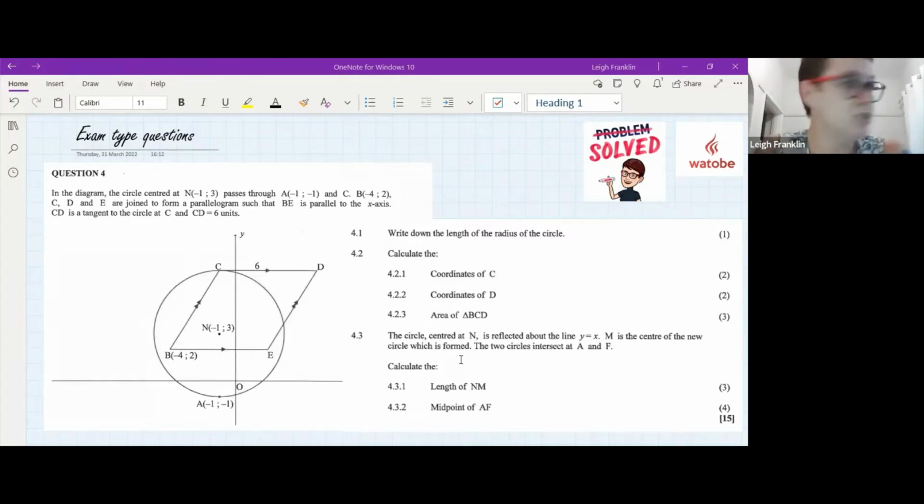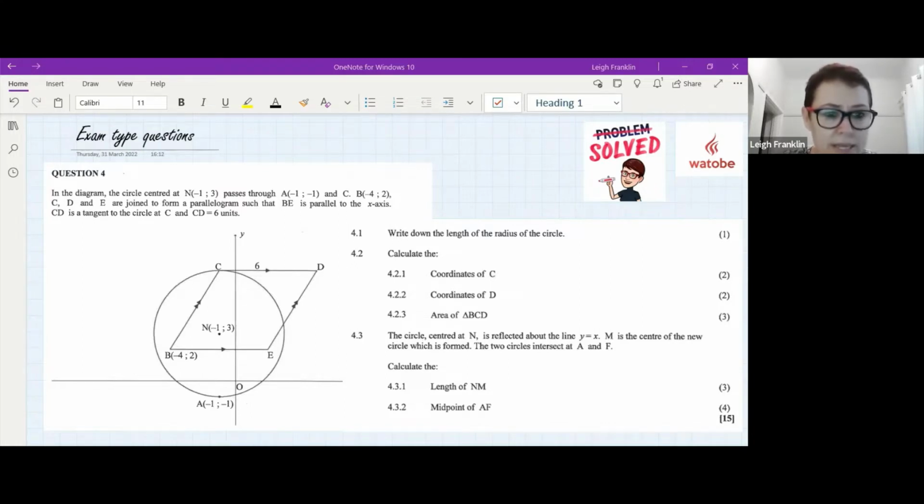Let's have a look at question 4, the first one. They're telling us here that we have a diagram with a circle centered at N. The coordinates of the center of the circle are -1 and 3, and the circle passes through point A down at the bottom and point C as well, which is up at the top.